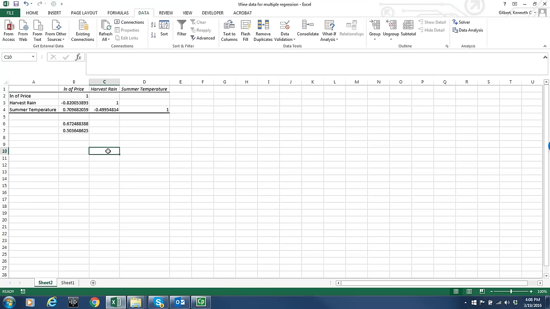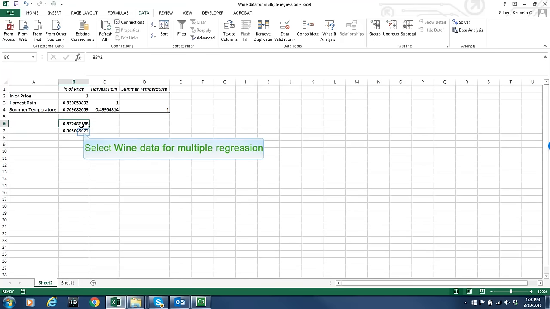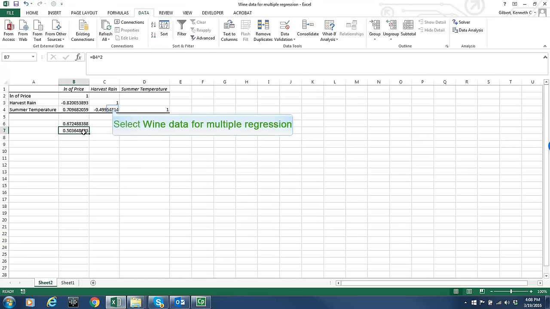Well, what's going on here is that those two variables, harvest rain and summer temperature, contain a lot of the same information. So if I have one in my model and I add the other, I have a lot of redundant information.